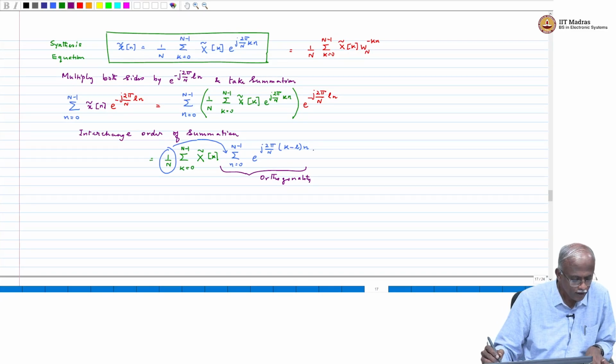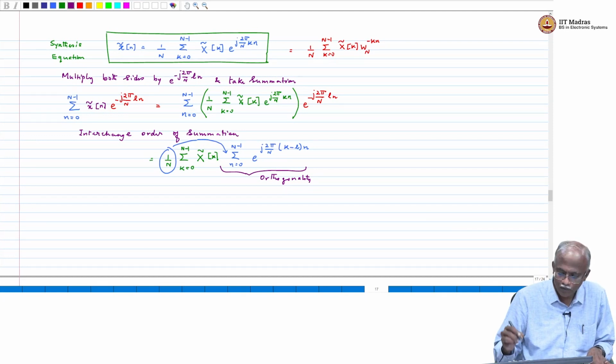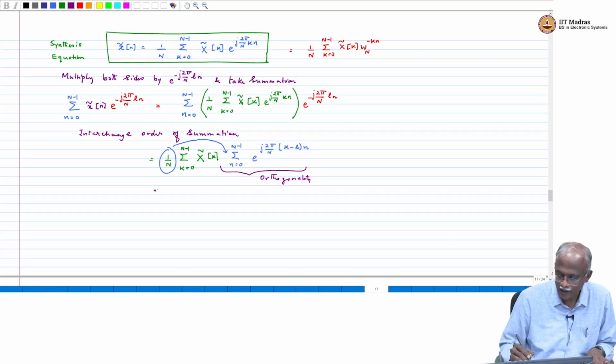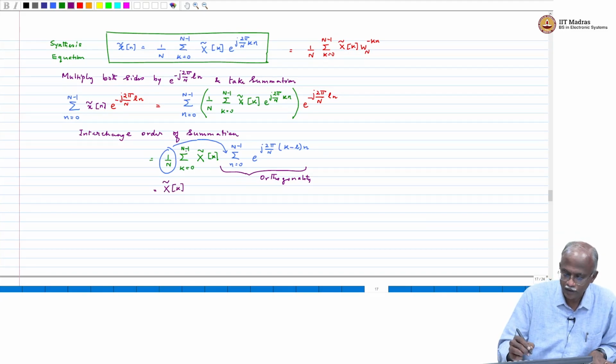So then what we get is that the only non-zero term is when k equals l, or that this summation is 0 except for one term which will remain, k equal to l. Only this is the term that remains.